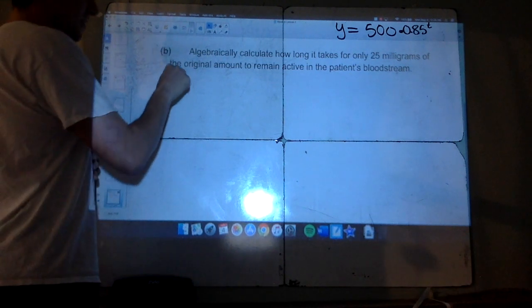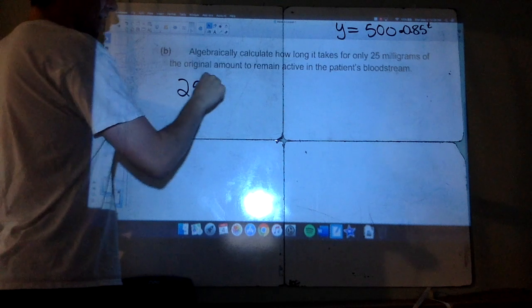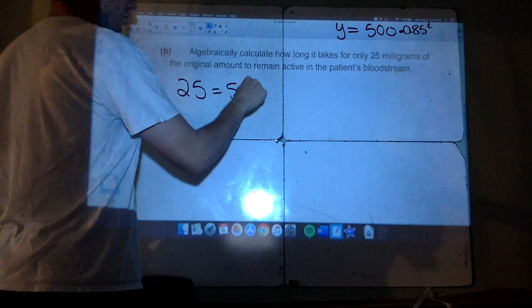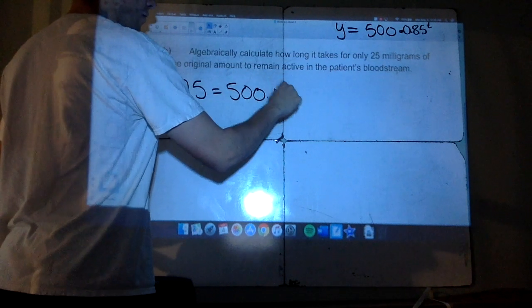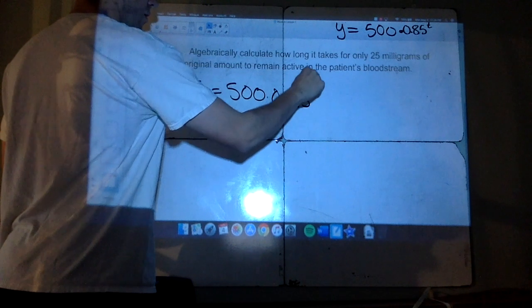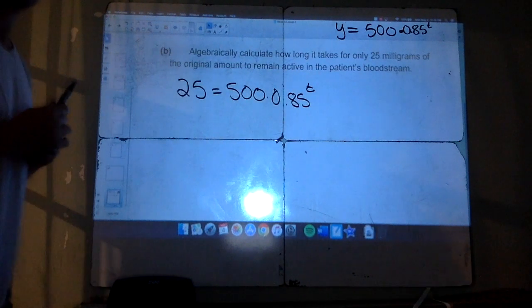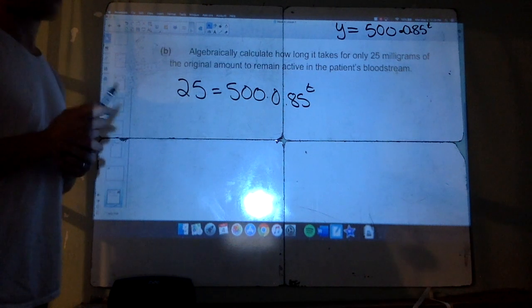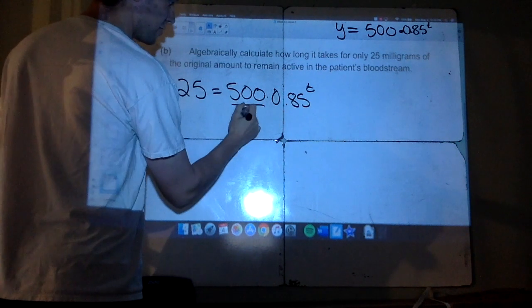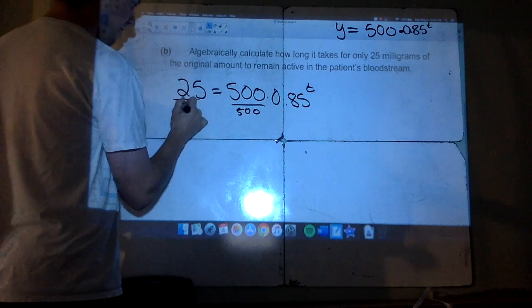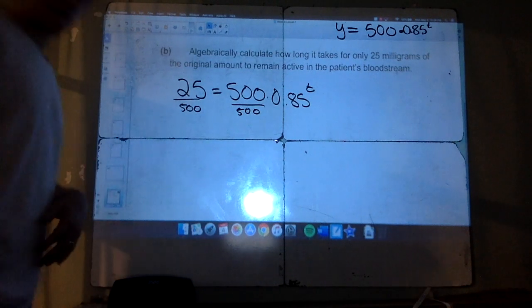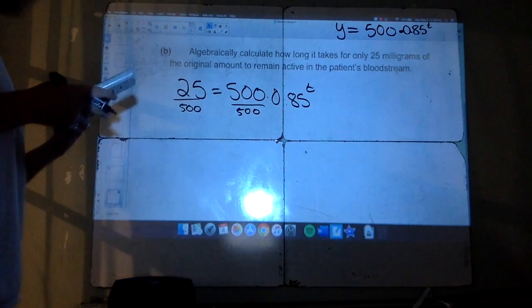So we're going to say, when is there 25 milligrams left? So we're going to solve this equation. The first thing we're going to do is divide both sides by 500. And I need a calculator for that.